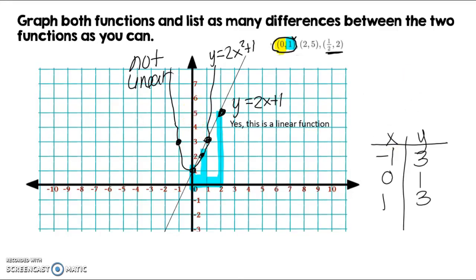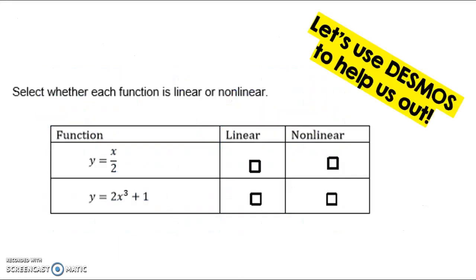It is a function, but it's not linear. All right, so let's go ahead and we're going to move on to these last two, which won't take us too long. It says select whether each function is linear or not linear. In order for something to be linear, it means that it has to be a straight line.